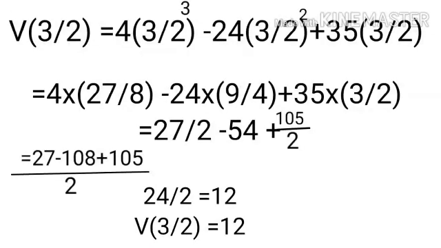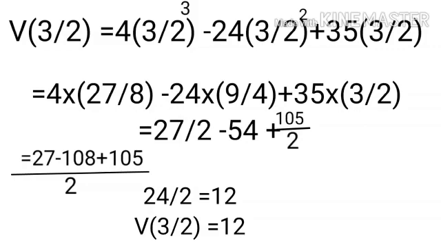V of 1 and 1 by 2 means V of 3 by 2 when converted into an improper fraction. That is, V of 3 by 2 is equal to 4 into (3 by 2) the whole cube minus 24 into (3 by 2) the whole square plus 35 into 3 by 2. Substitute 3 by 2 in place of x.